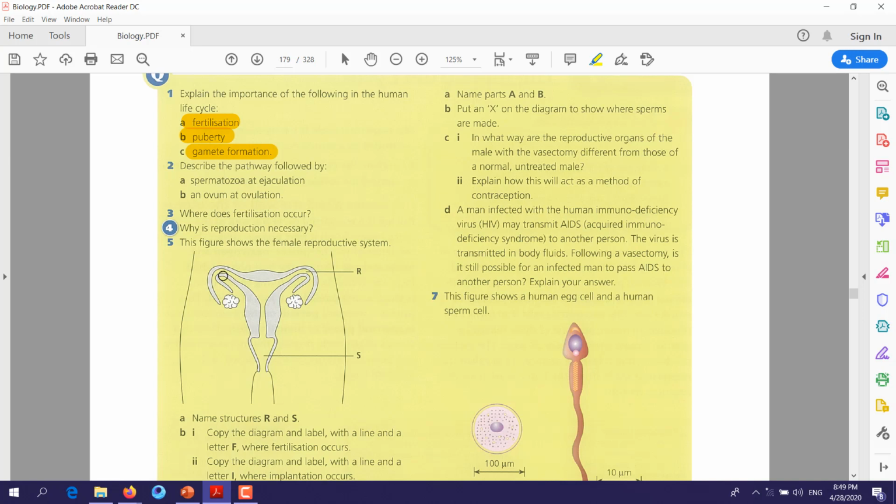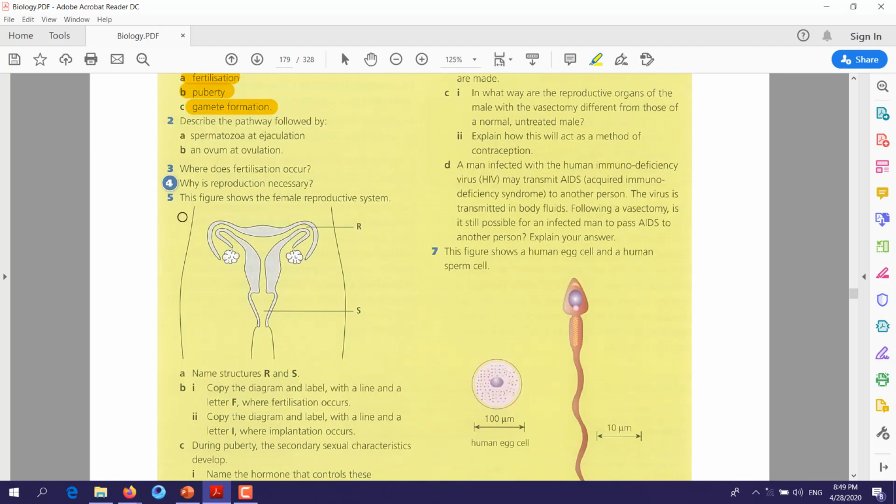So fertilization occurs in the oviduct. Question number 4. Why is reproduction necessary? The answer: to replace individuals that have died and to make sure that there is variation within a sexually reproducing population.